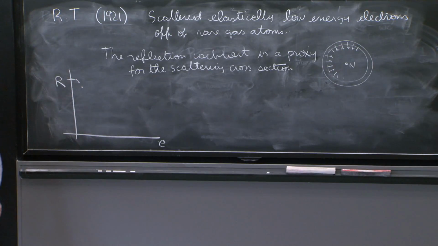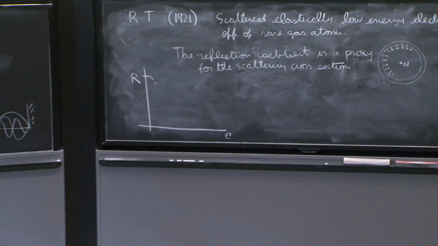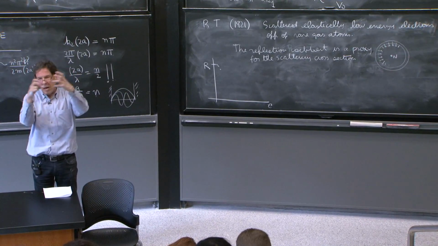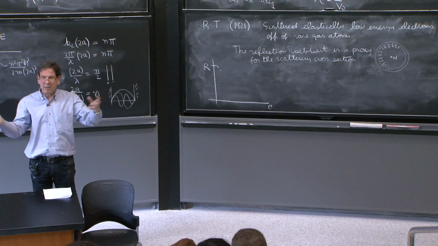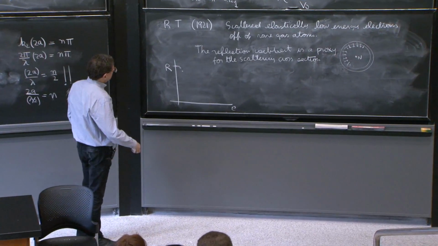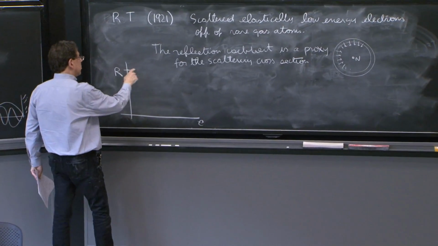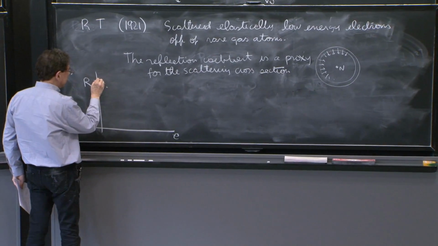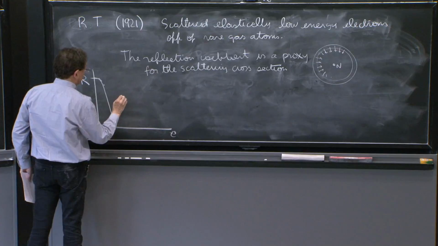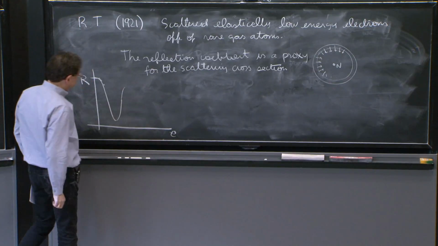And people thought at this moment, okay, these are like particles colliding with particles. The energy shouldn't make much difference. You either collide or you don't collide, and you bounce back or you don't bounce back. And so they thought that this would be flat, but nevertheless, it actually went down enormously, and then it went up again.